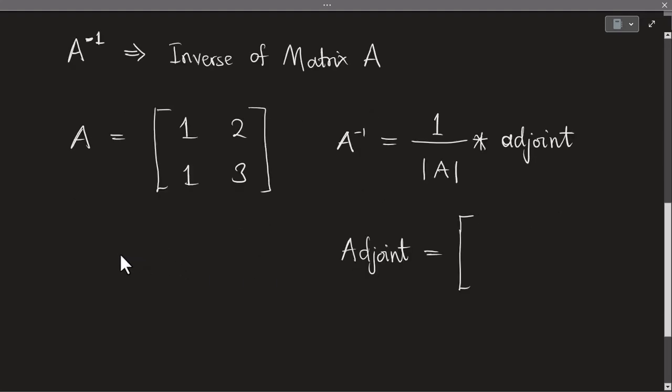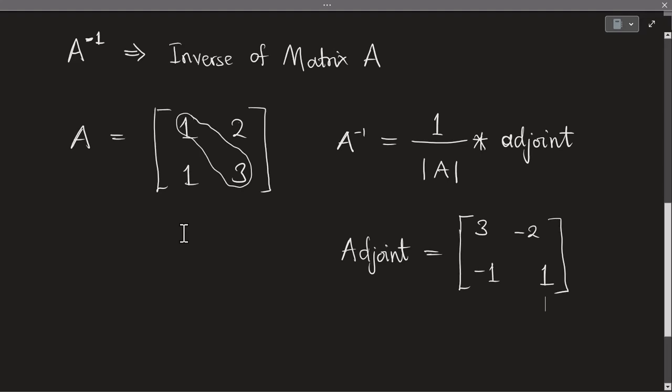So if we say our matrix is 1, 2, 1, 3, our adjoint is going to be swapping the major diagonal elements. So we'll have a 3, we'll have a 1, and then we'll give these other 2, the 1 and the 2, negative signs. There's a natural procedure that is used to form this adjoint. However, mostly for your syllabus D, you just need to remember this formula.